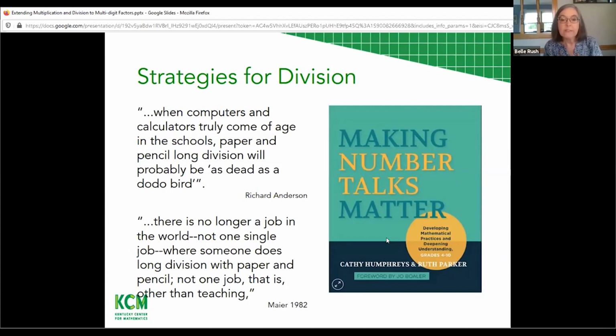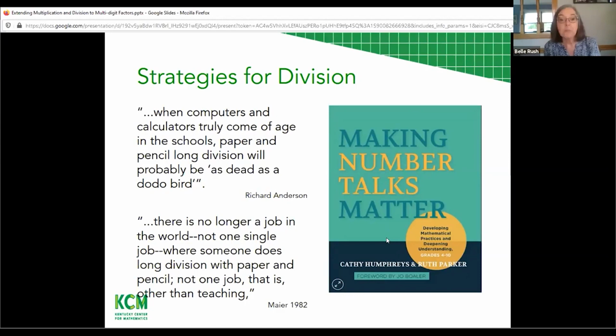This first statement was written by Richard Anderson, who was the president of the Mathematics Association of America more than 30 years ago. He said, when computers and calculators truly come of age in the schools, which they have, paper and pencil long division will probably be as dead as a dodo bird.